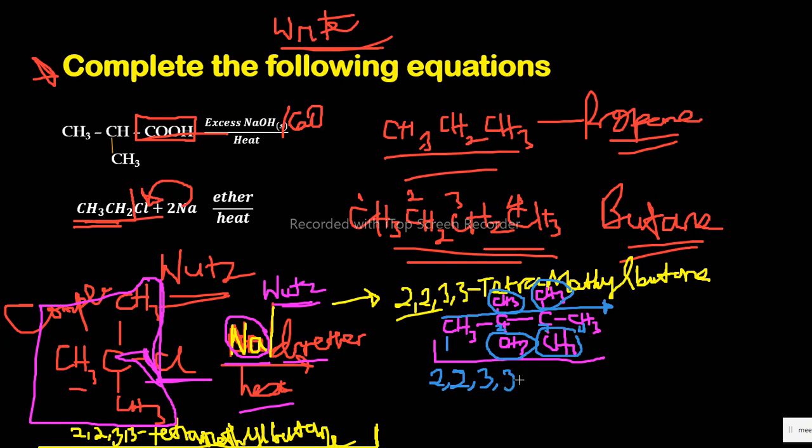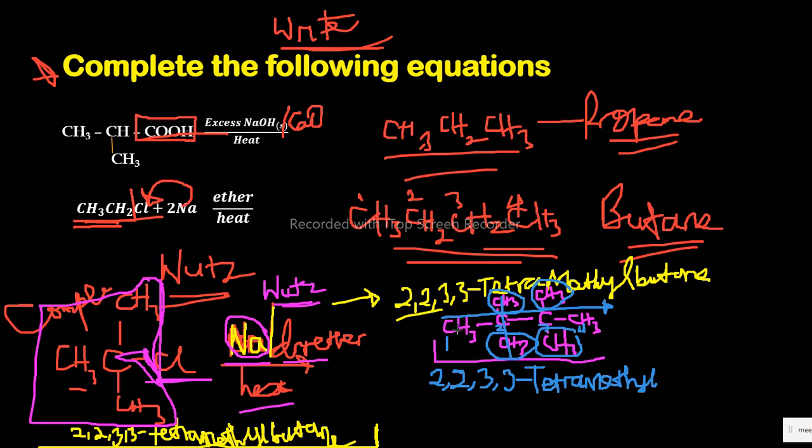Then a hyphen, and there are 4 methyl groups, so that is tetra, tetra methyl.